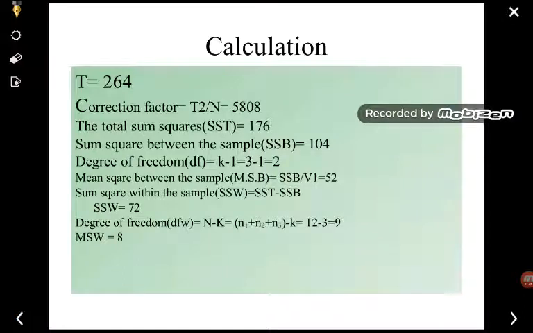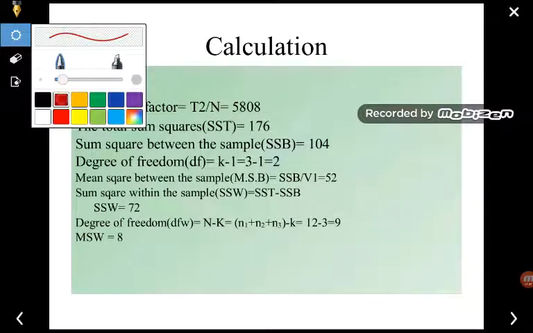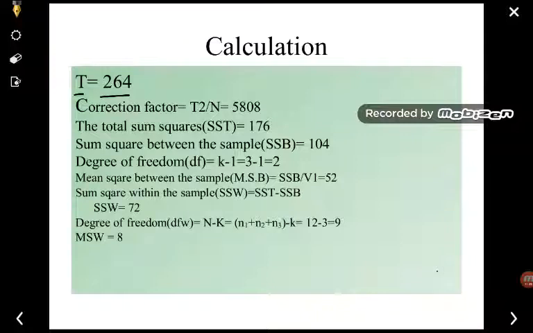Here we have calculated T value, that is equal to 264. Correction factor, we got it as 5808. SST is 176, SSB is 104, degree of freedom is 2. Next is MSB, mean square between the samples, that is equal to 52. SSW as 72, as well as the MSW as 8.